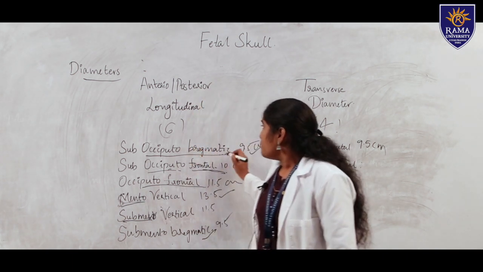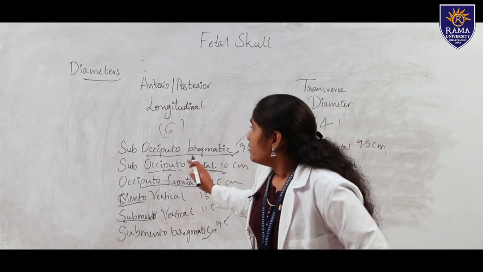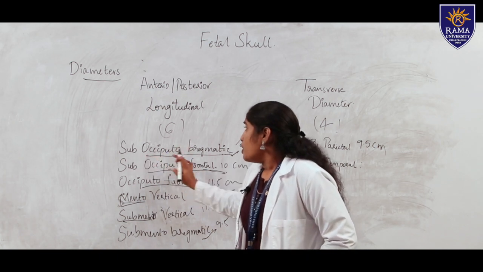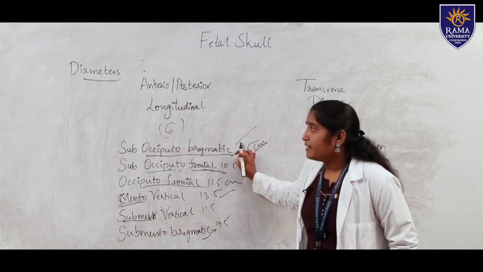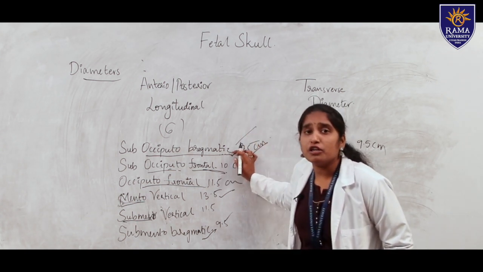First one is suboccipitobregmatic, 9.5 centimeters: the distance from below the occipital protuberance to the center of the bregma.